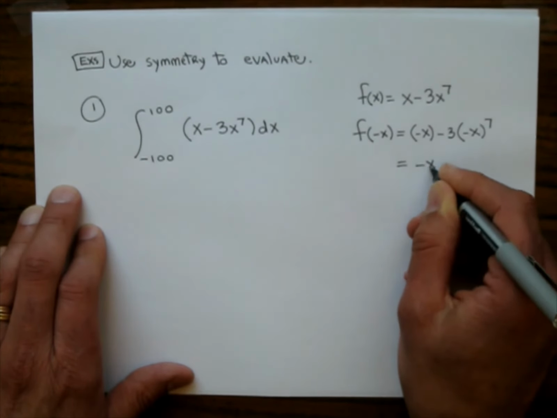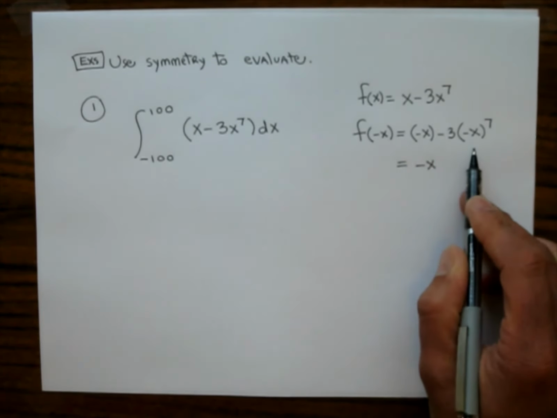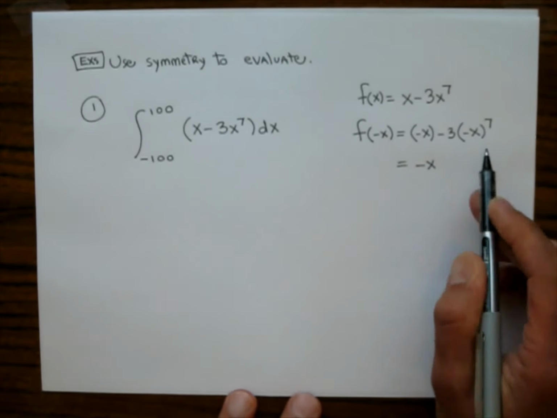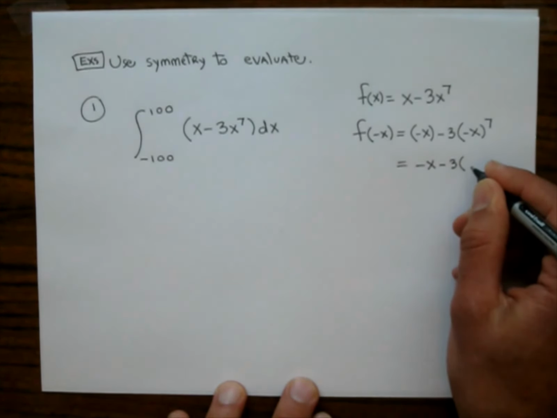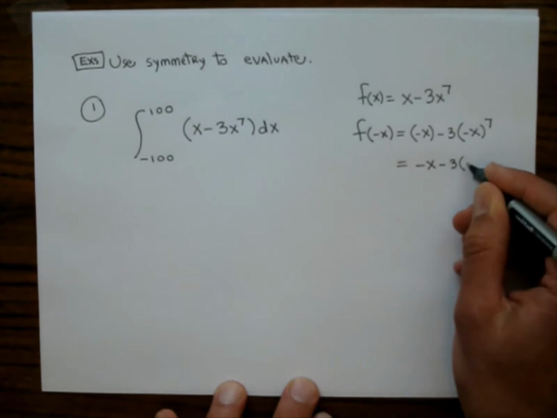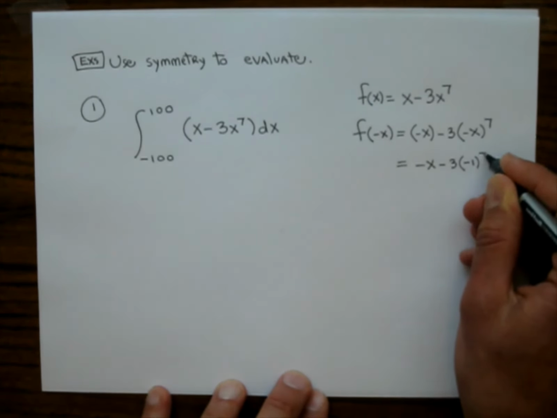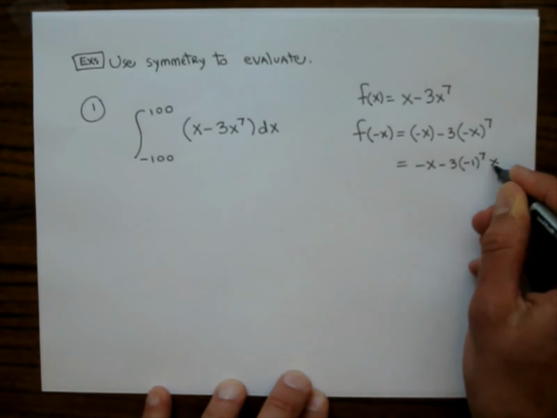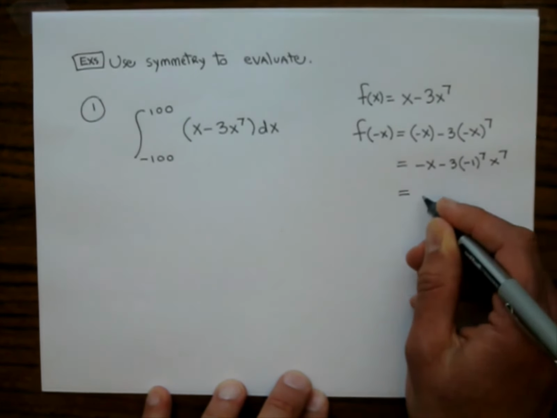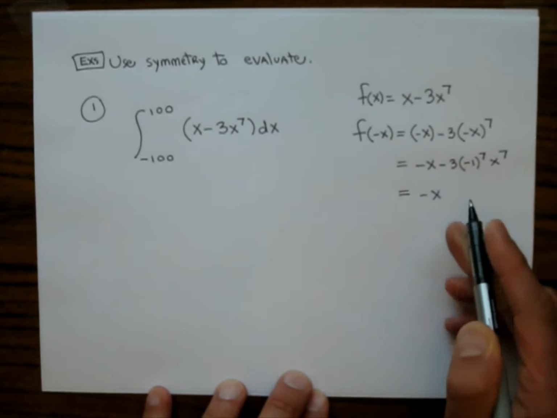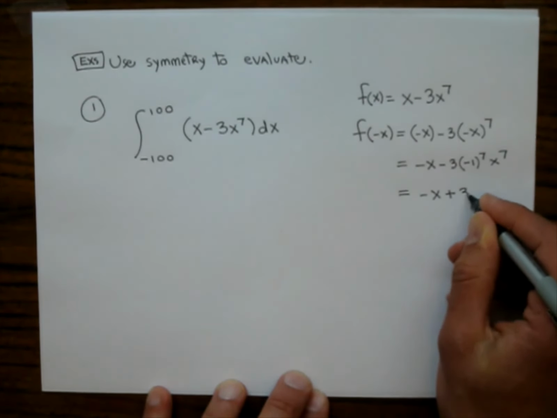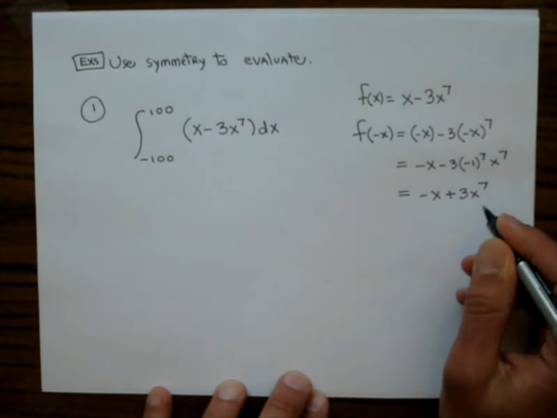So this is negative x. And then this negative x to the 7th is going to become negative 1 to the 7th times x to the 7th. This negative 1 to the 7th is negative 1, and we have another negative, so this is plus 3x to the 7th.